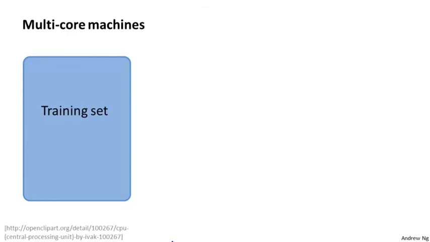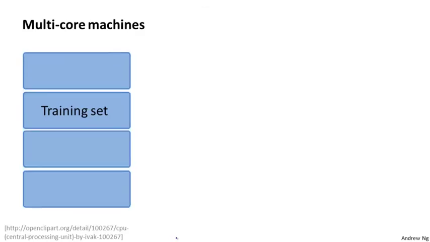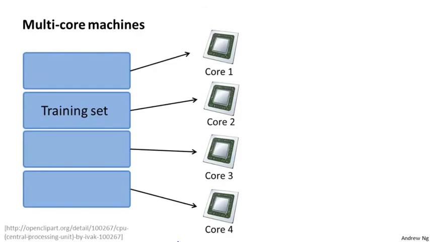In particular, on many single computers now, you can have multiple processing cores. You can have multiple CPUs, and within each CPU, you can have multiple cores. And so if you have a large training set, say you have a computer with 4 computing cores, even on a single computer you can split the training set into multiple pieces and send the training set to different cores within a single box, like within a single desktop computer or a single server, and use MapReduce this way to divvy up the workload.